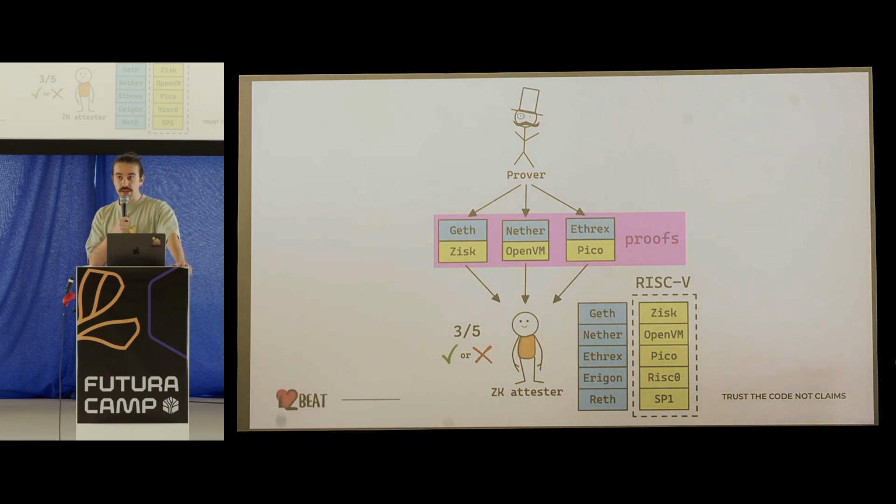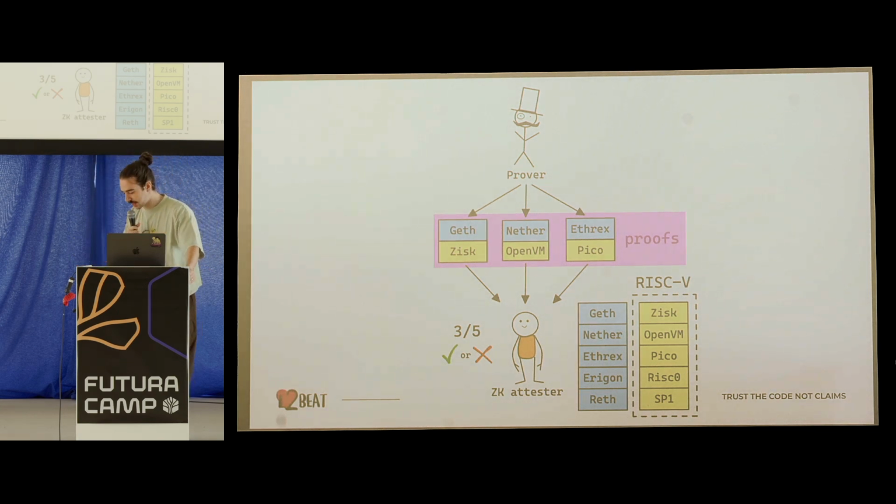And as long as this program can be compiled to RISC-V, you could prove any of these programs, right? And then attesters, to attest to a block, will require some consensus, some quorum of these proofs to agree on the result. A few months ago, I think the Ethereum Foundation was trying to have a 3 out of 5, so an attester will attest to a block only if there are at least 3 proofs that agree.